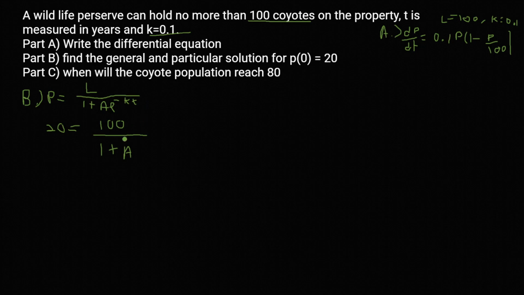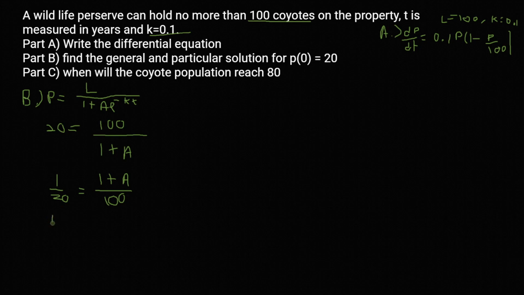So now we can just solve for A. Let's probably reciprocate both sides. And so we're going to say 1 plus A over 100. And now we reciprocate the left-hand side. So it's 1 over 20. Multiply both sides by 100.